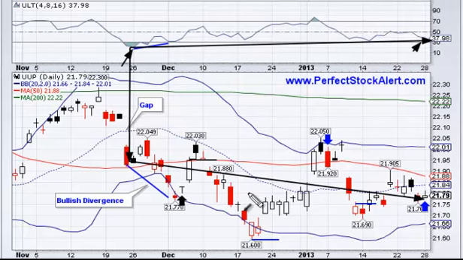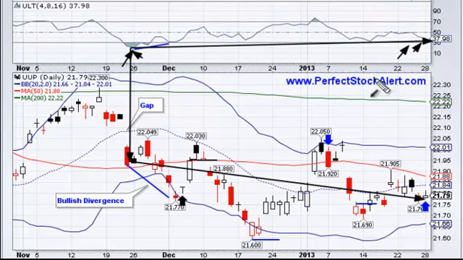Therefore, we're overshooting to the downside here, and it's unsustainable. The momentum indicator is telling us that downward momentum is decreasing. So we're looking at this actually turning around and starting to move higher. It makes sense to me as well because of this bullish divergence we have here.